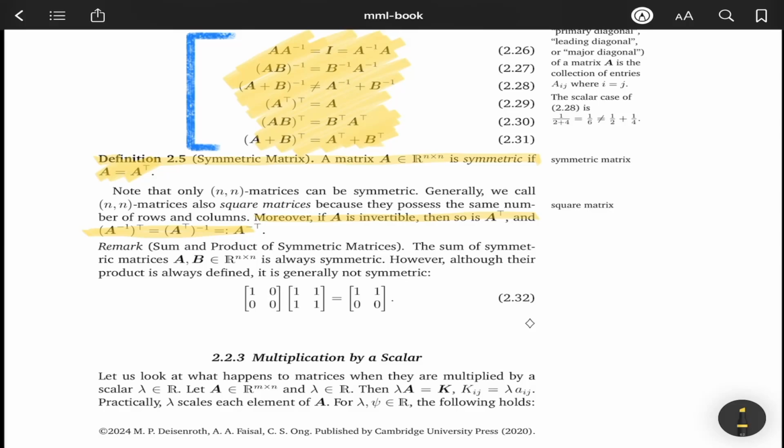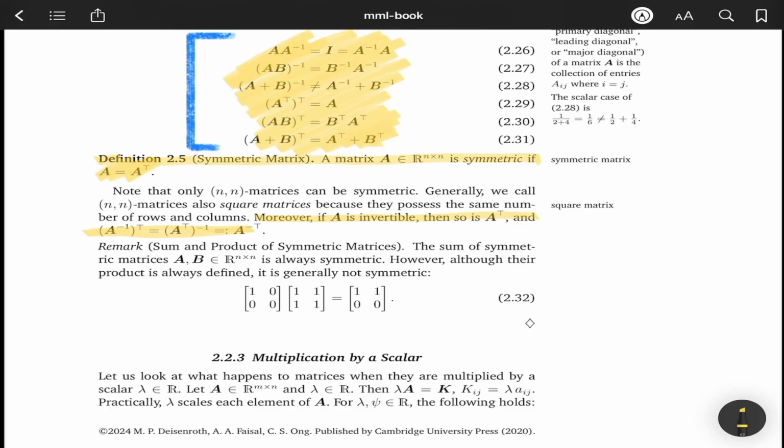The sum of symmetric matrices A, B of a square matrix is always symmetric. However, although their product is always defined, it is generally not symmetric. Okay, so you have two square matrices of the same dimension.